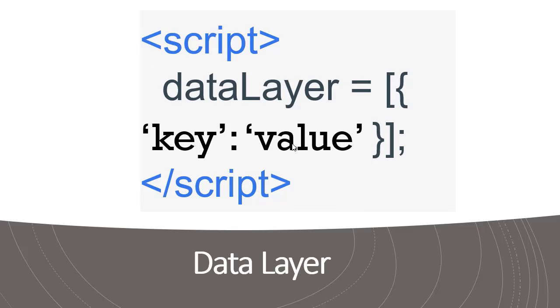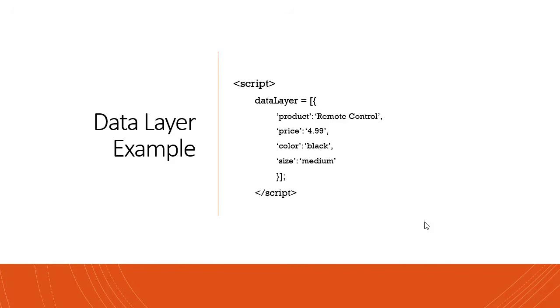So let's see how this translates into the example I was giving you earlier about a product detail page. The data layer for this product detail page will look something like this, where you have the script and end script. So that's where we are putting all our JavaScript, which is the data layer, and dataLayer equal to, and then you have the key and value.